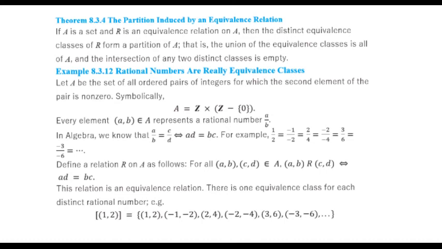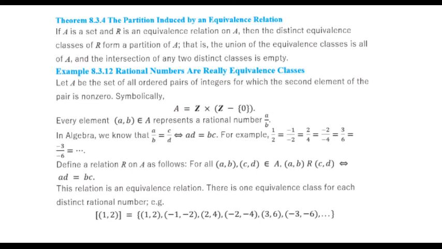I'm not going to define it again, but very briefly, a partition of a set is a set of subsets of that set which are both disjoint and not empty, and also the union of all of those subsets builds up the original set itself.